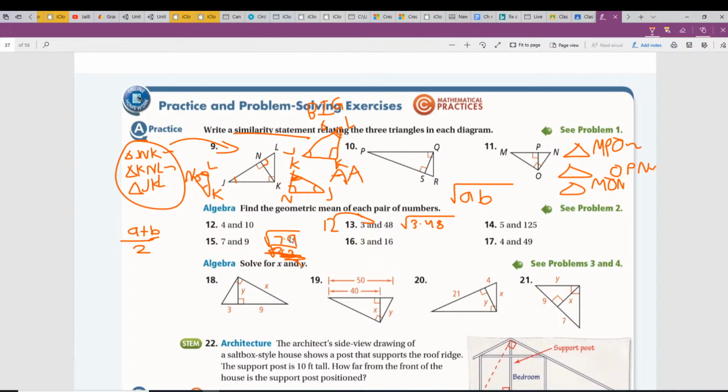But 7 times 9, we can simplify as a radical. The square root of 9 is 3, right? And the square root of 7 is square root 7. So that's how we can simplify the square root of 7 times 9, which is 3 root 7.